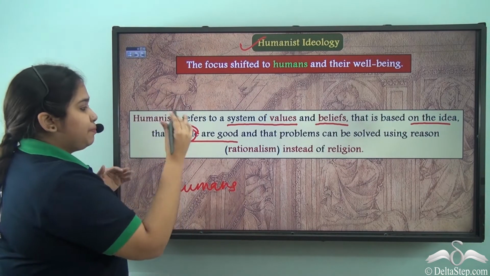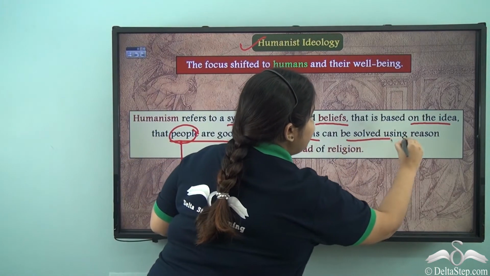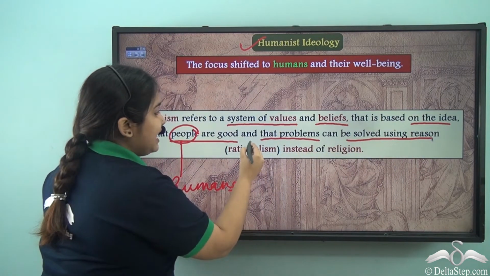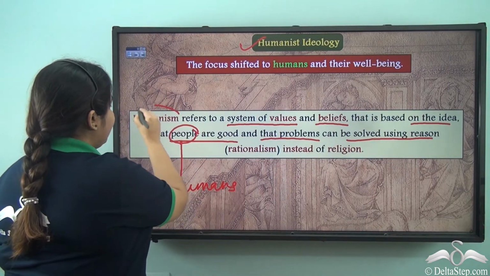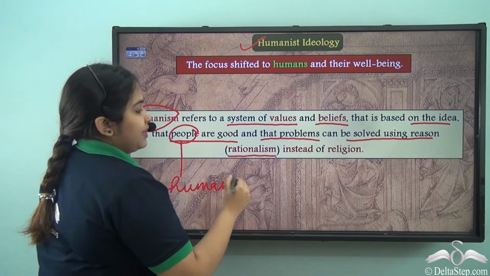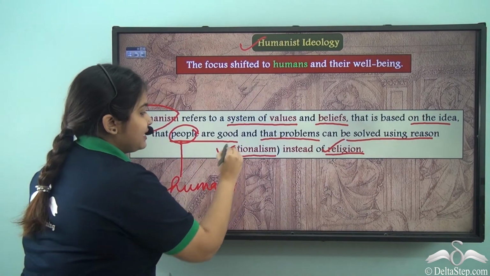So, humans or people are good, and that problems can be solved using reason. So, in this very area, we see that humanism talks about rationalism as well, instead of religion.